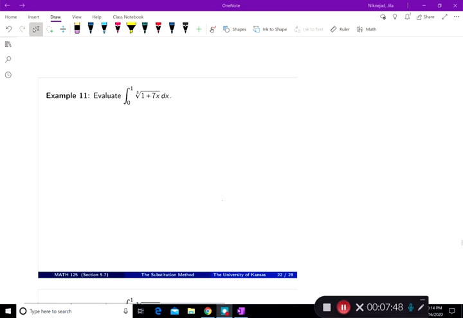Let's do another example. Let's evaluate the integral from 0 to 1 of the third root of 1 plus 7x. First things first, I feel like u should be 1 plus 7x, and then du is going to be 7 dx.